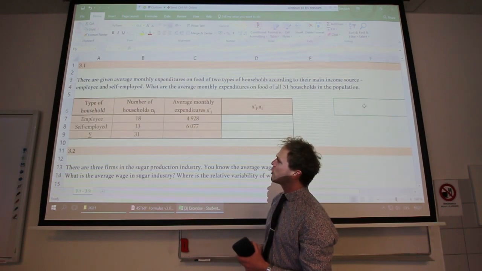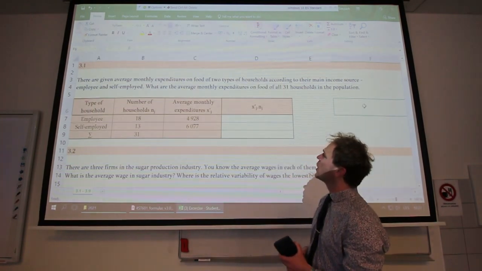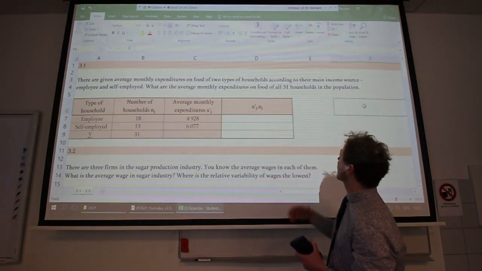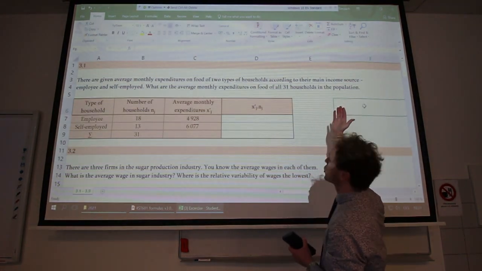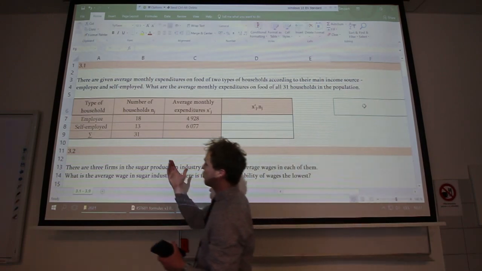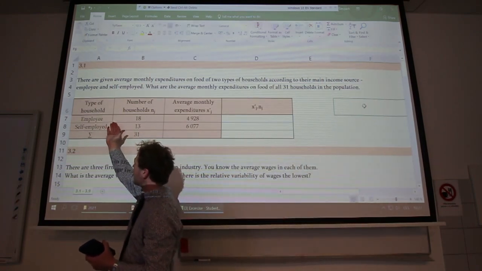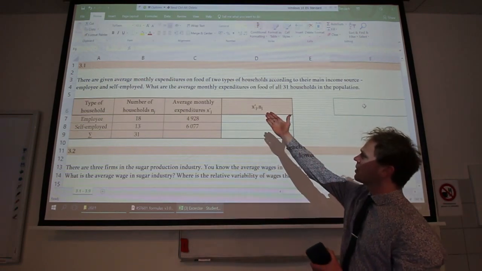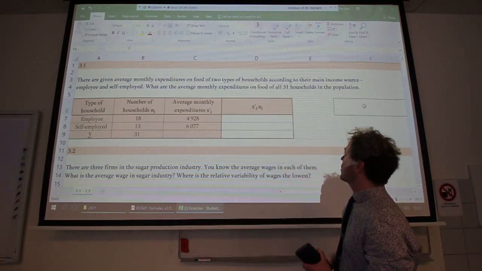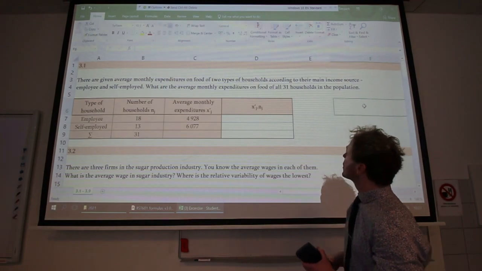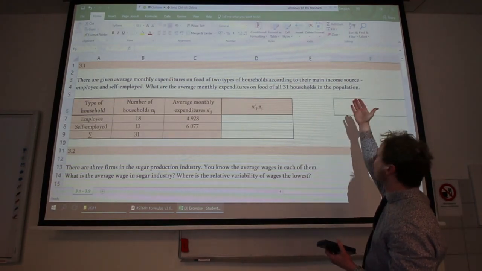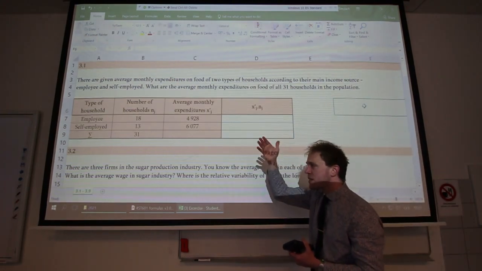There are given average monthly expenditures on food of two types of households according to their main income source. So we have two types of household: employee and self-employed. What are the average monthly expenditures on food of all 31 households in the population, or we can say in our sample?